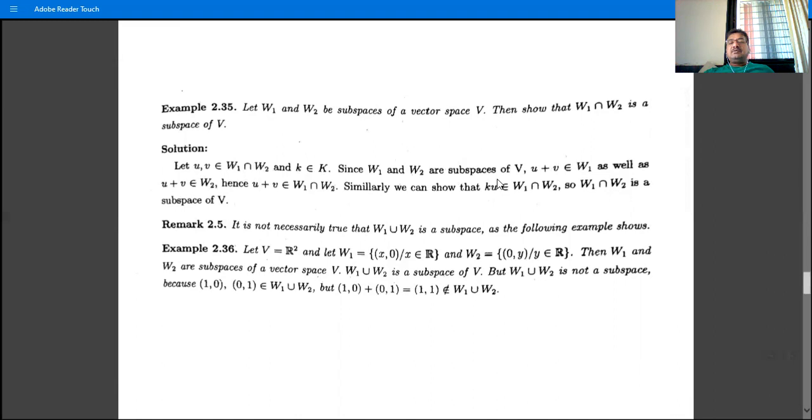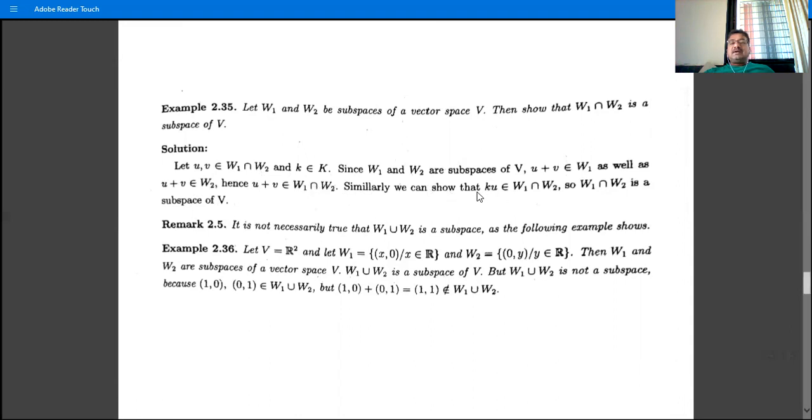As W1 and W2 are subspaces and u and v both belong to W1 as well as W2, their addition belongs to W1 as well as to W2, and therefore u bar plus v bar belongs to W1 intersection W2.